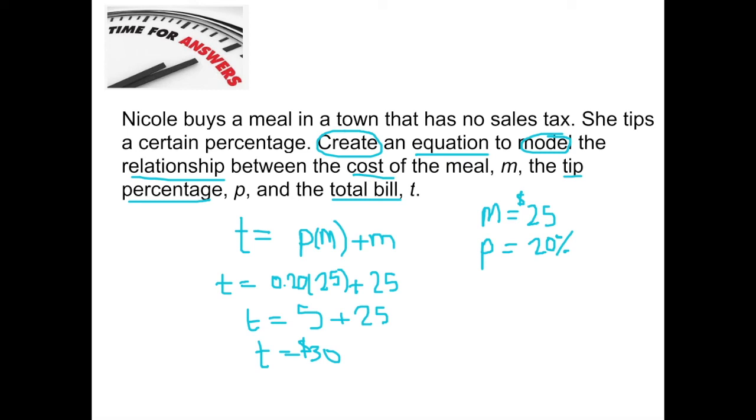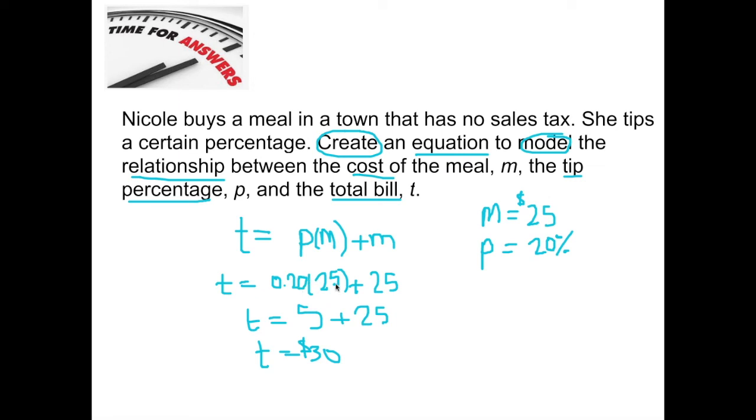T, equals the percent of the tip times the cost of the meal, plus the cost of the meal. So T equals P times M plus M. Hypothetically, if we have a meal that costs $25, we would say 20% of the $25 plus the original $25.